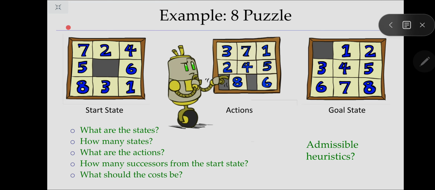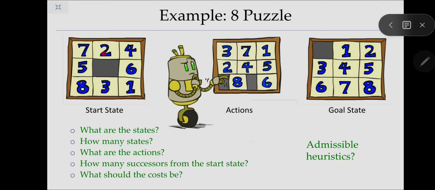For example, 7 is in the corner of the start state. But the best location for 7 is there. Thus, we have a mislocation for 7.